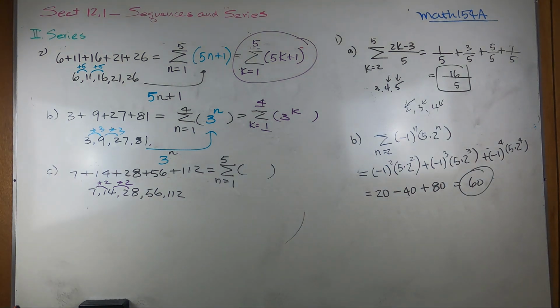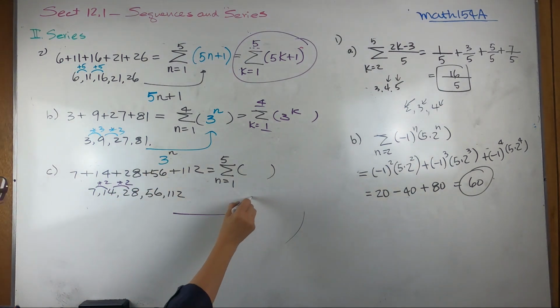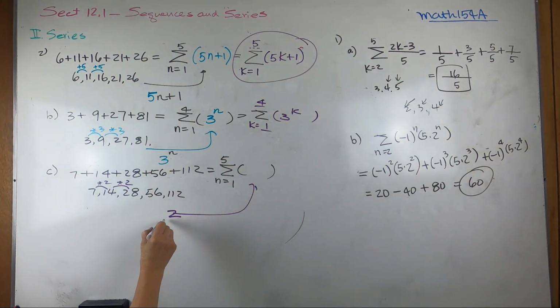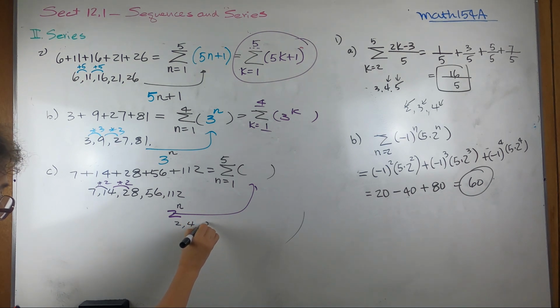Is that right? Then for multiplying, you write it this way. You write 2 base with what? N, right? Then we have to fit in the first one. If 2 to the nth power, that would be what? 2, 4, 8, 16, and on, right? It's not 7, 14, all that.